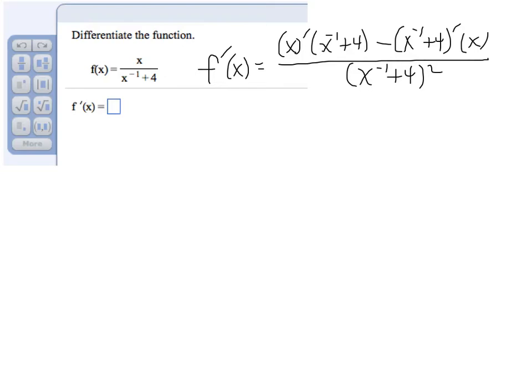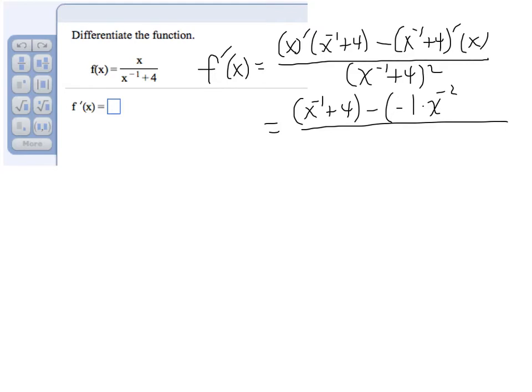So the derivative of x, of course, is just 1, so I have 1 times this guy. So that's just that. And then here, the derivative of x to the minus 1 is minus 1 times x to the minus 2.